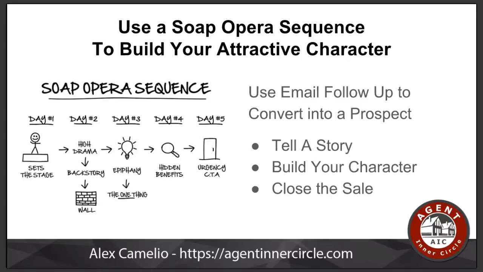Now, for real estate, I would actually suggest being a little bit further along in that. It's one thing when you're trying to sell a $100, $200, $500,000 product. It's another thing when someone's trusting a decision for hundreds of thousands of dollars, if not more, in your hands. So building that attractive character, building that comfort level with these folks is absolutely critical and something you should be doing over time.